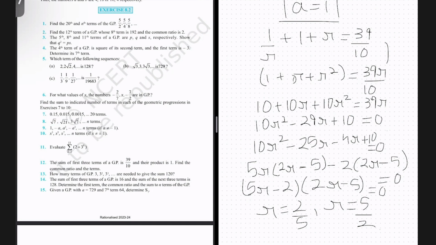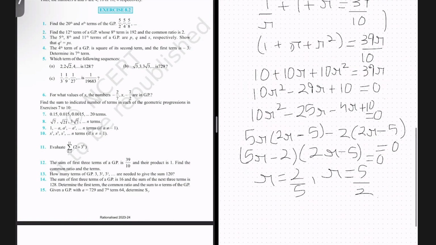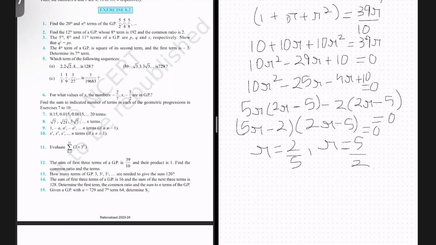Therefore, for the first three terms of the GP, let us plug in the values of R as 2 by 5 and 5 by 2 and see if that changes our answer in any way. The first three terms I have are 1 by R, 1 and R. If I use R equals 2 by 5, my first term is 1 upon 2 by 5, the second term is 1, and the third term is 2 by 5.